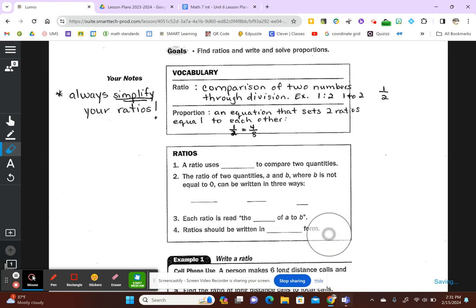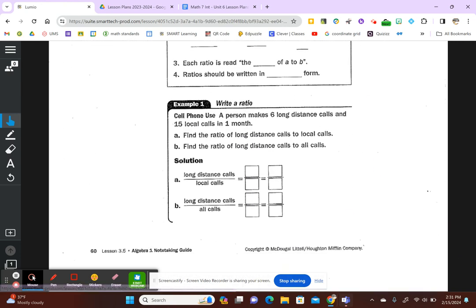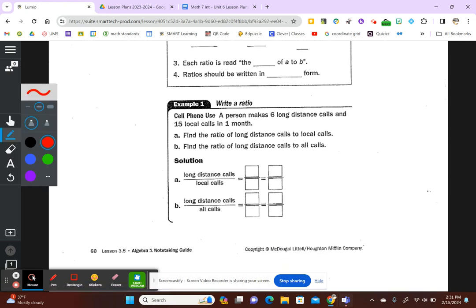So now, when we write a ratio, here is an example. You can tell it's very old. Cell phone use. A person makes 6 long distance calls and 14 local calls in 1 month. You're probably all wondering, what's a long distance call? Well, if you called outside your area code, it used to be considered a long distance call, but not anymore.